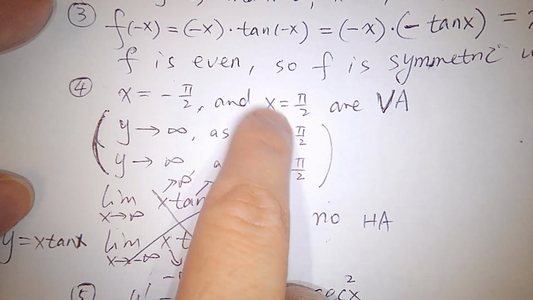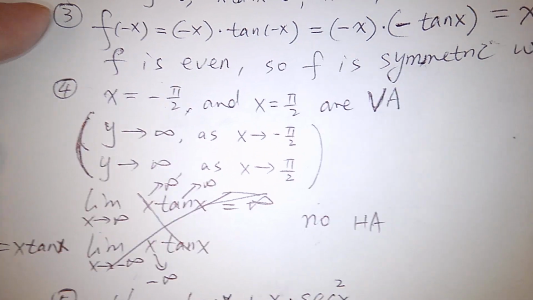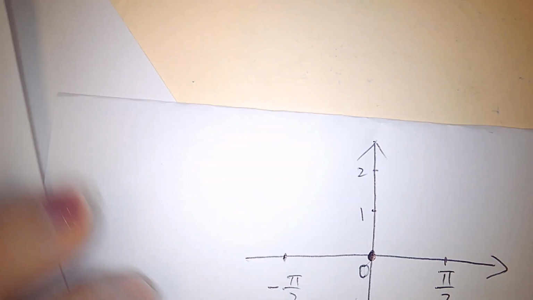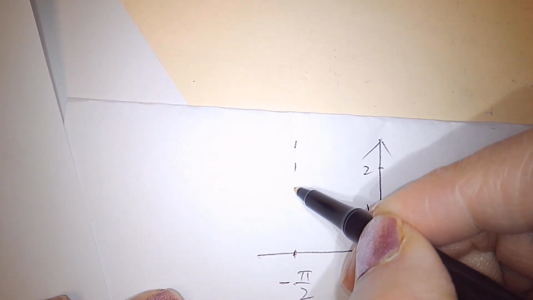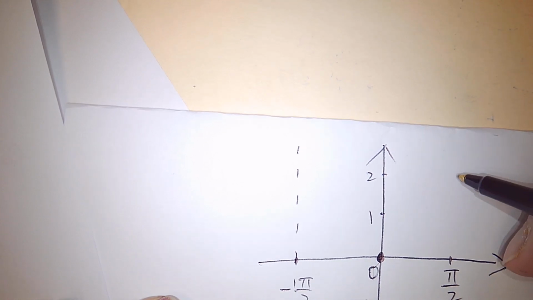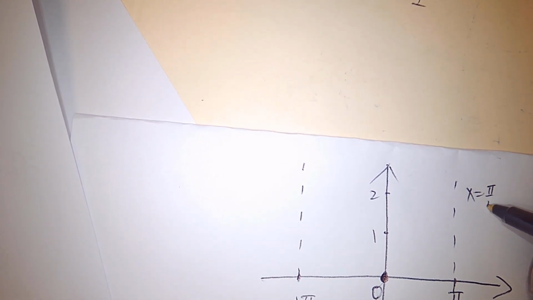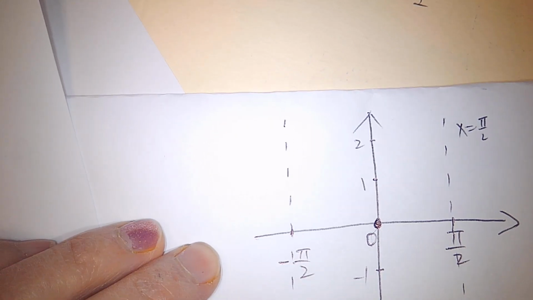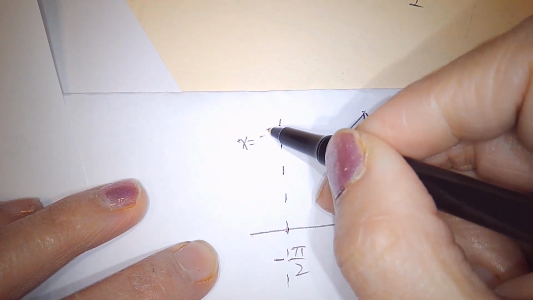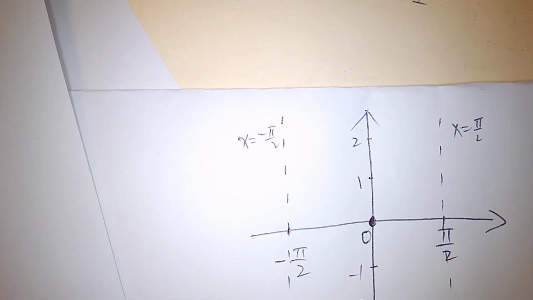Vertical asymptotes, two of them. No horizontal asymptotes, okay? So vertical asymptotes: x equals pi over 2, x equals negative pi over 2, right?